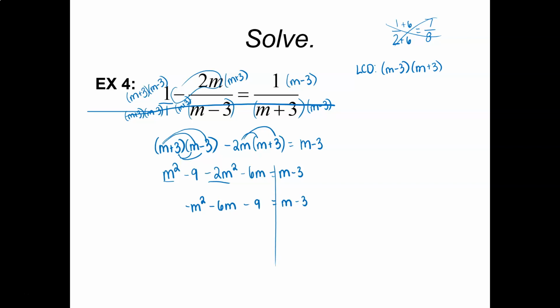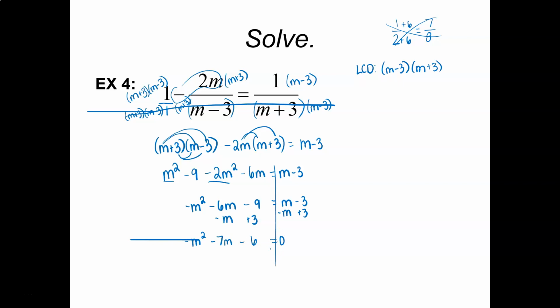And this one is a quadratic. What do I have to do when I want to solve a quadratic? Got to be equal to 0. I would suggest that you keep your m squared positive. So whenever you subtract this m and add this 3, if you do it this way, you get negative m squared minus 7m minus 6 equals 0.